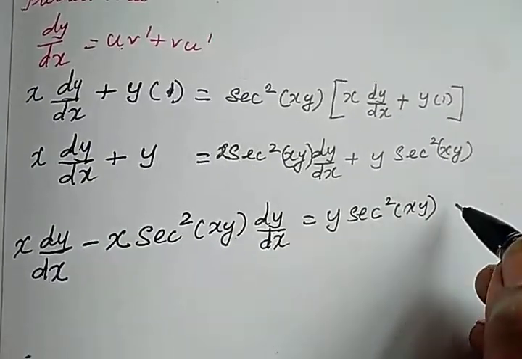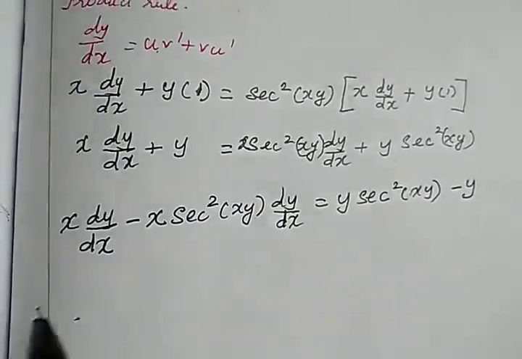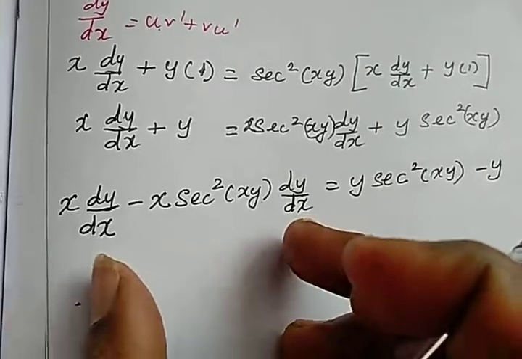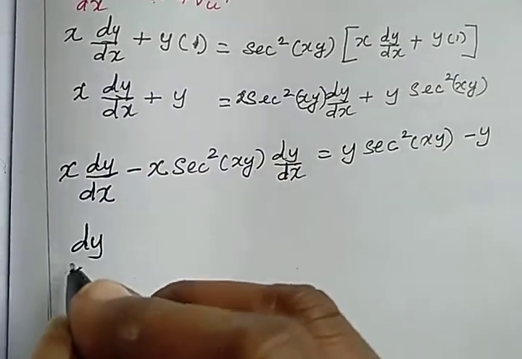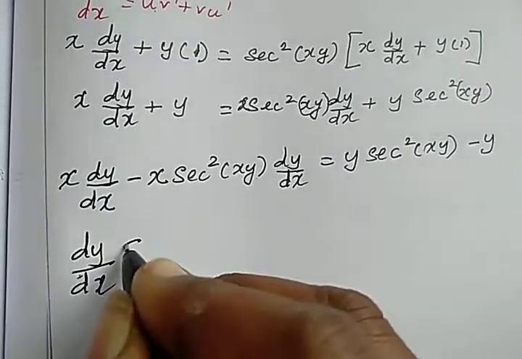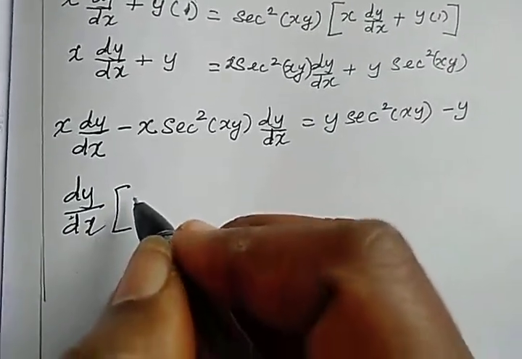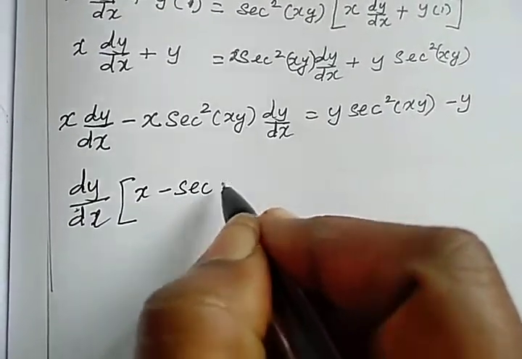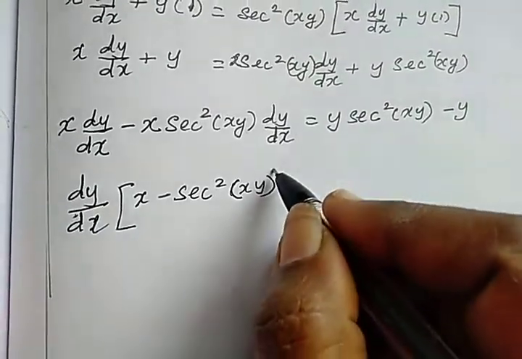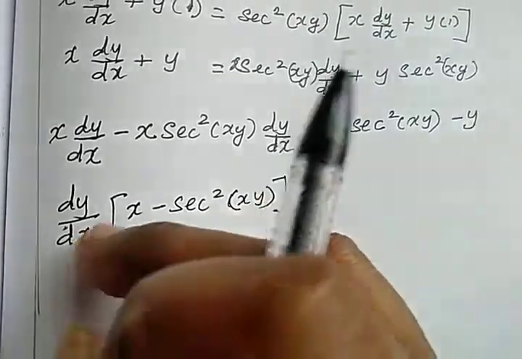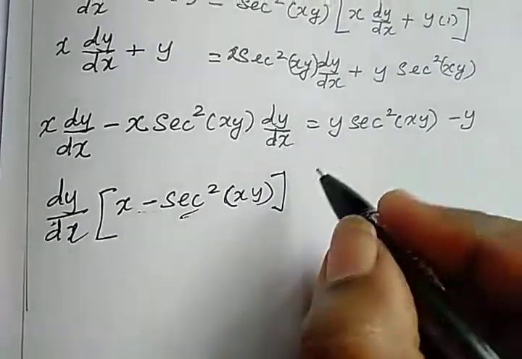Bring this plus y to the other side, you will get minus y. I'll take dy by dx as common for these two terms, so the remaining will be x minus secant squared xy. Here you can take x also as common outside, but we will do it in the last step.